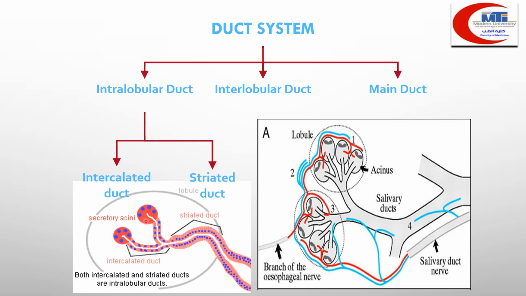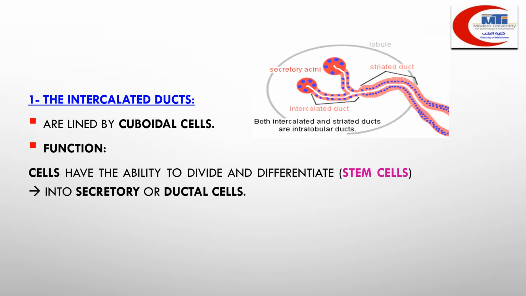Then the secretory duct, which is also called striated duct. The intercalated ducts are lined by a single layer of small cuboidal epithelial cells. They are surrounded by some myoepithelial cells.